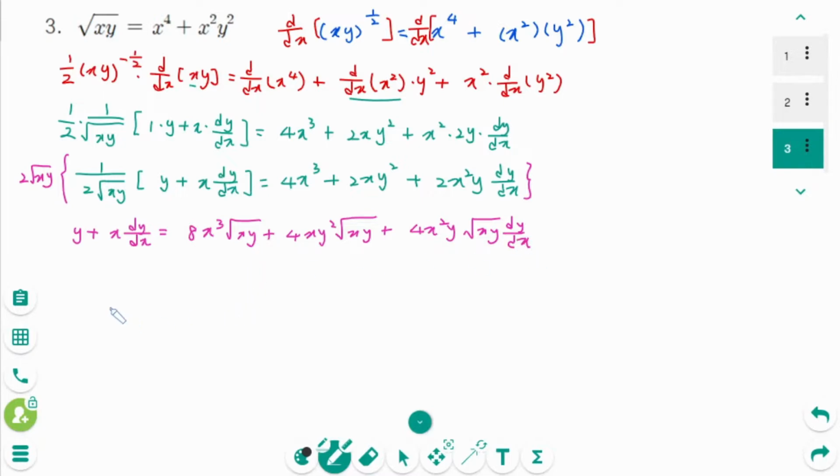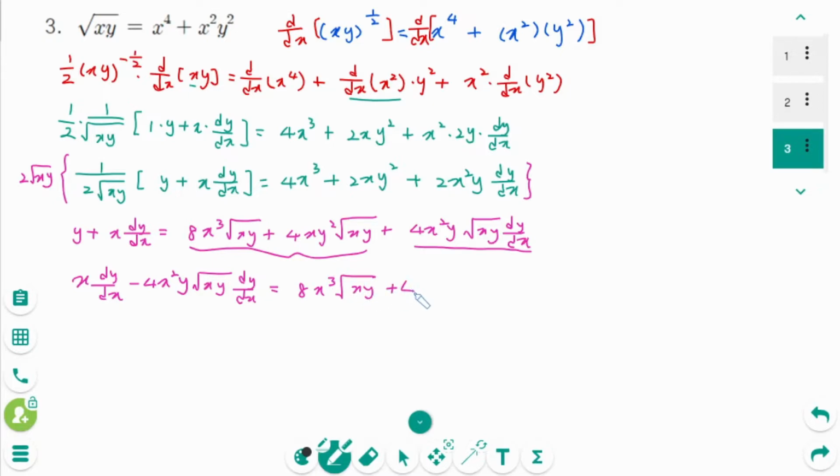We can rewrite as x times dy/dx. Move this one to the left: minus 4x squared y square root of xy dy/dx equals, keep this one, 8x cubed square root of xy plus 4xy squared square root of xy.